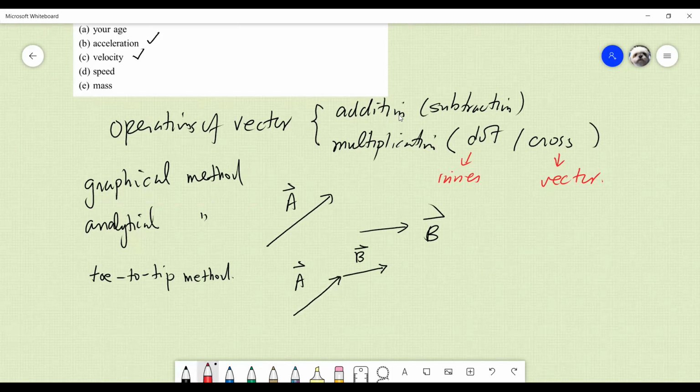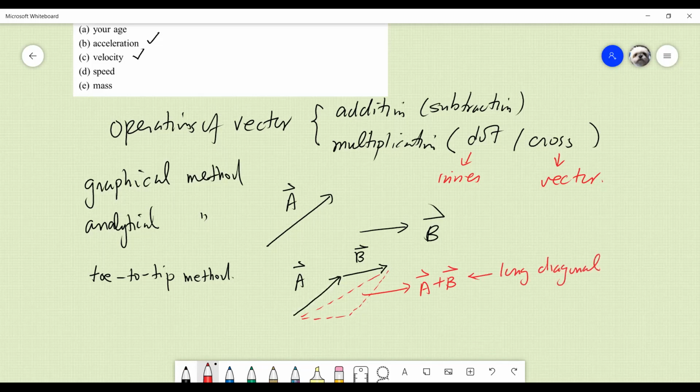So A here. I put the next vector starting from the tip, from wherever you end, and continue to connect them together, like here is B. So what is A plus B? A plus B will be here. This is the graphical method. That will be A plus B, which means the long diagonal. Why do I say the long diagonal?